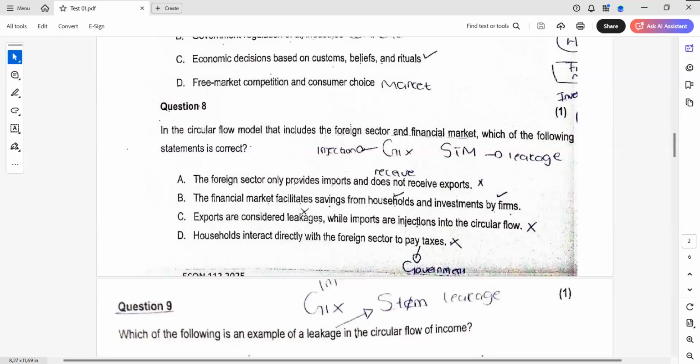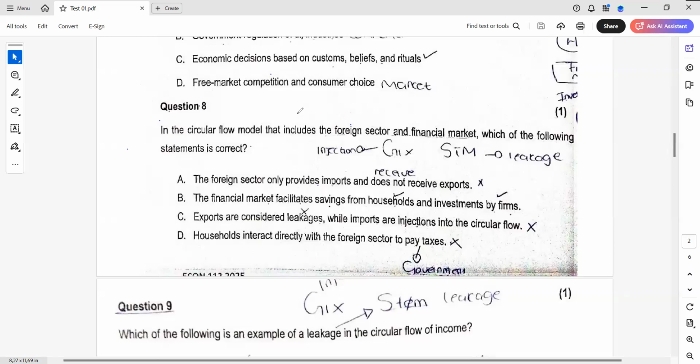The foreign sector only provides imports and does not receive exports. This is not correct, guys. Remember, I just made an example. We saw that the households purchased from the foreign sector, the imports were moving from the foreign sector to the households, and the households were paying for the imports.